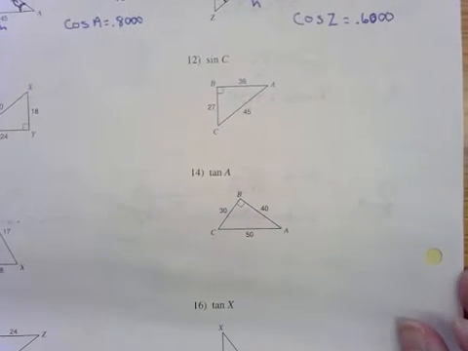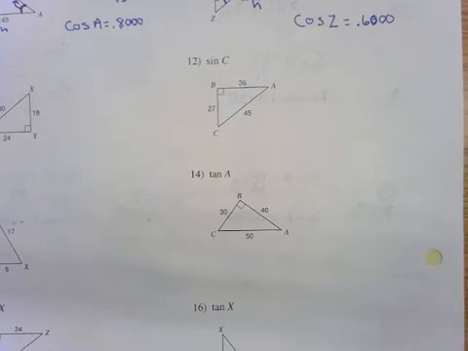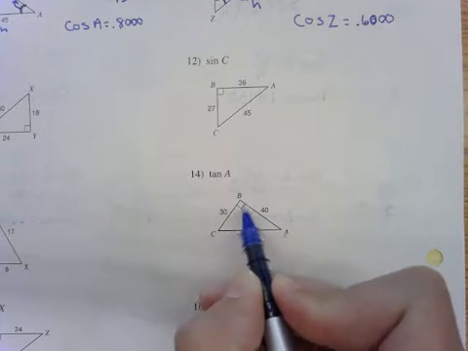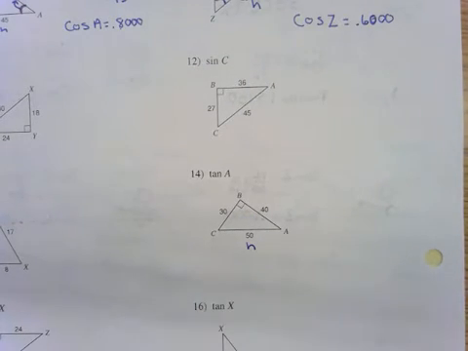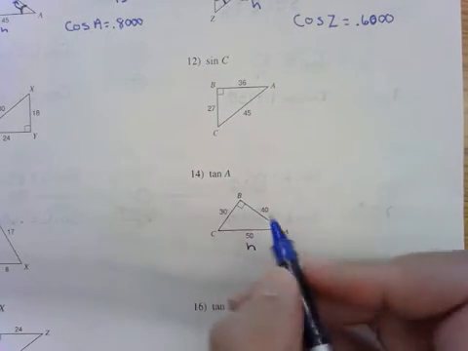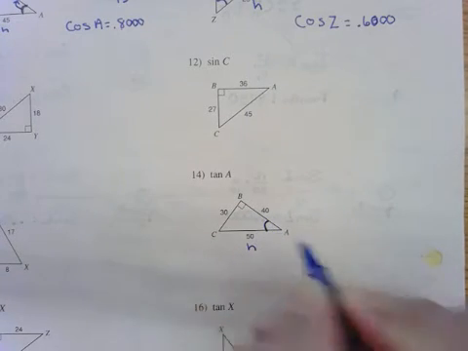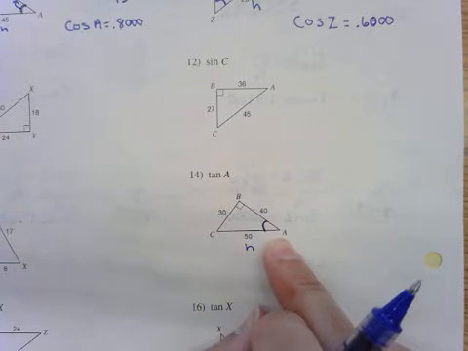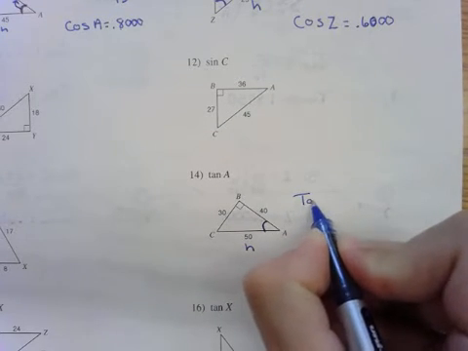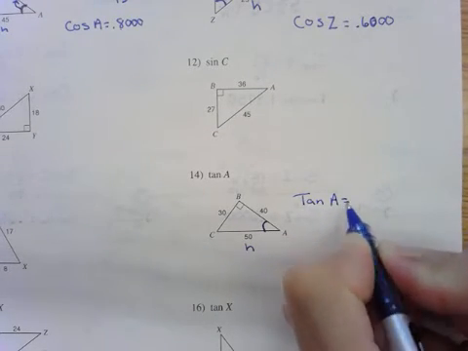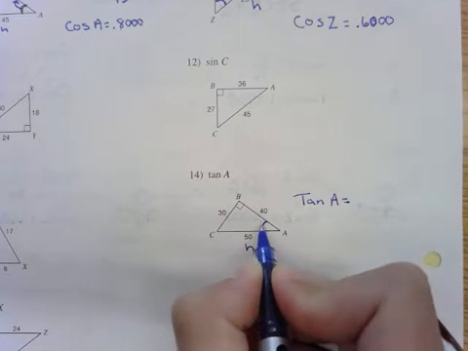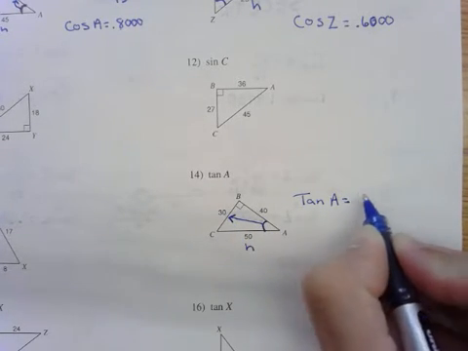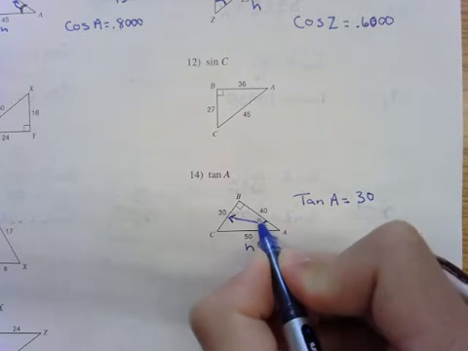So let's skip to number 14. And again, where's the right angle? The right angle is up here, so I'm going to identify my hypotenuse. I'm going to identify where my angle is, the angle A. So the tangent of A equals opposite leg over adjacent leg.